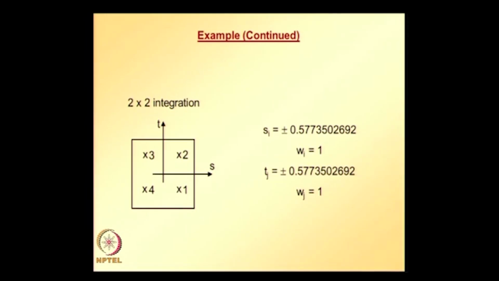The corresponding coordinates can be obtained from all combinations of Si and Tj, which are equal to plus or minus 0.57735, and the weight at each integration point is the weight in the S direction times the weight in the T direction, which is equal to 1 at all 4 points.